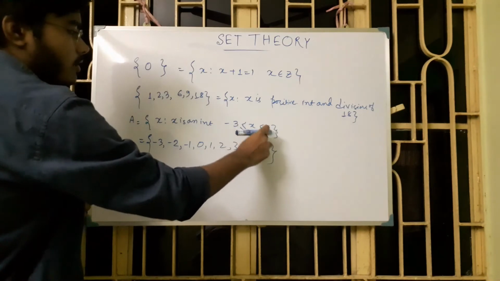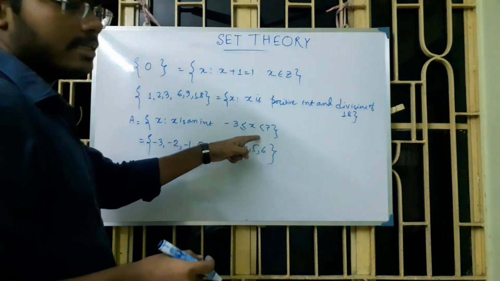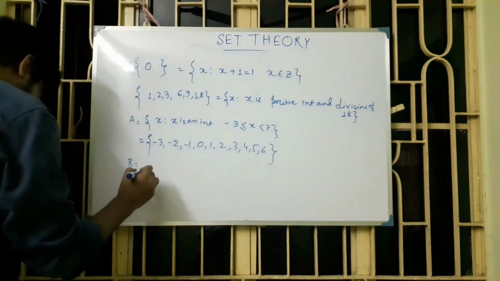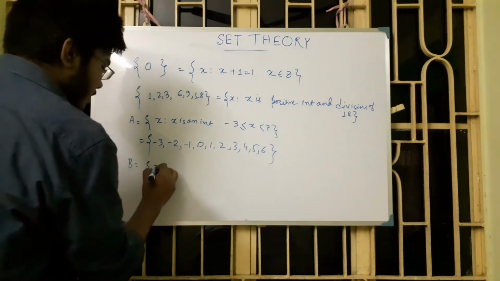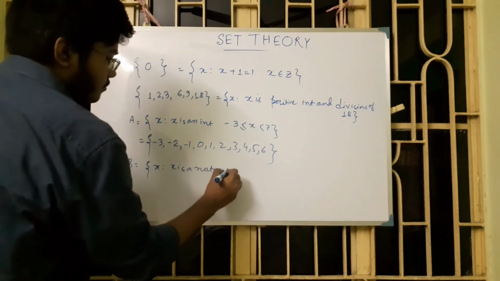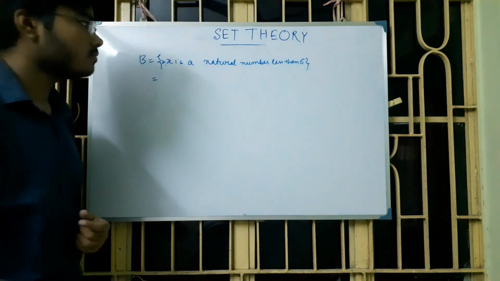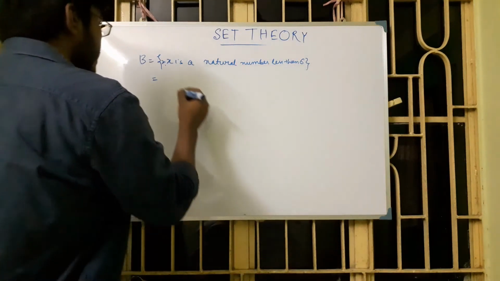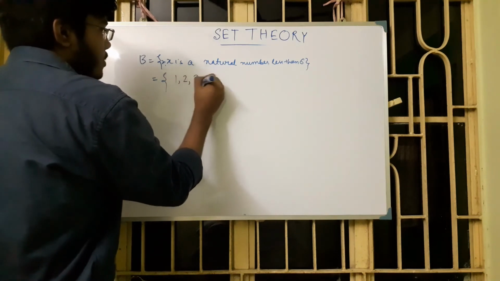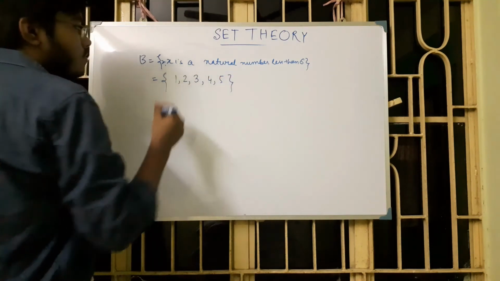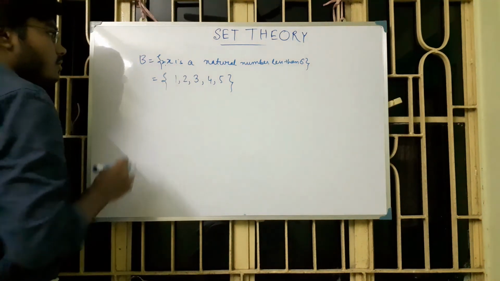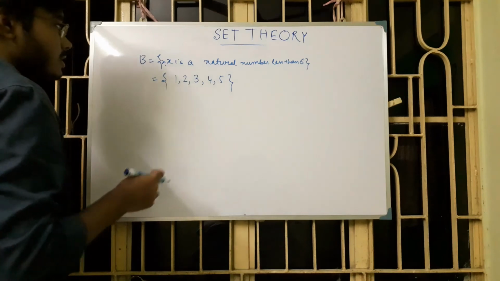As this is not an equal to sign, this is only less than sign, so up to 6. Now B is x, x is a natural number less than 6. So what is B? Natural number starts from 1, so less than 6 means 1, 2, 3, 4 and 5. This is the set.